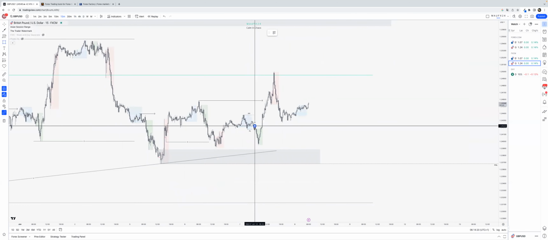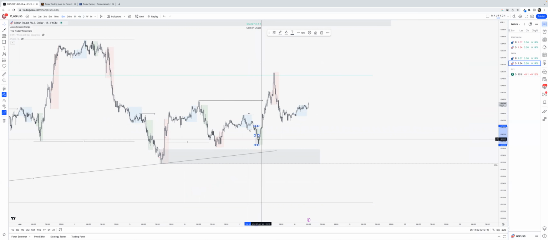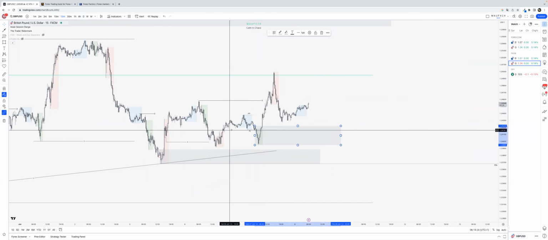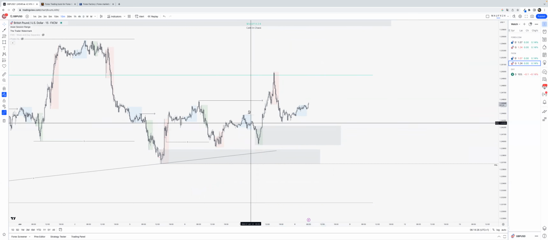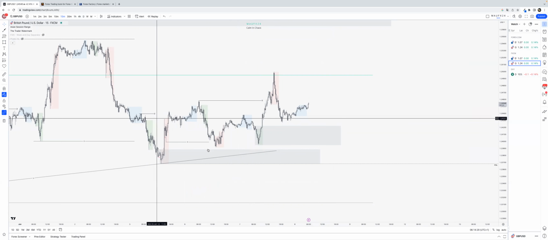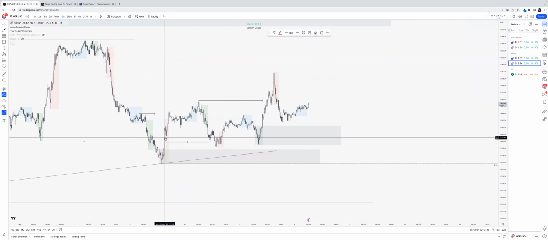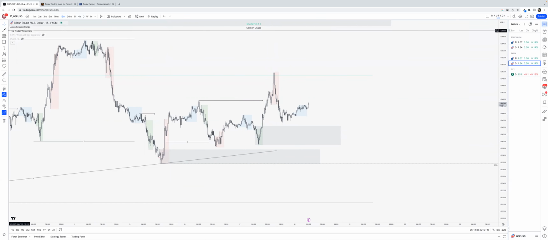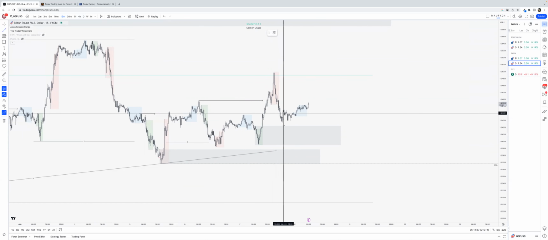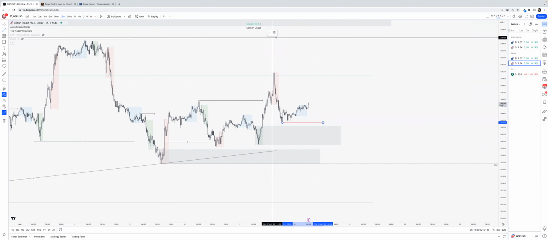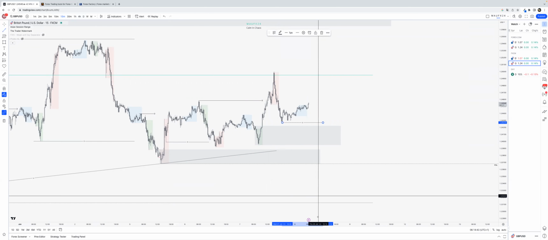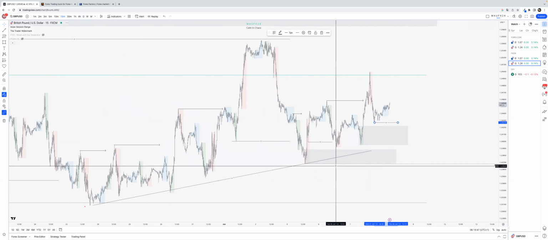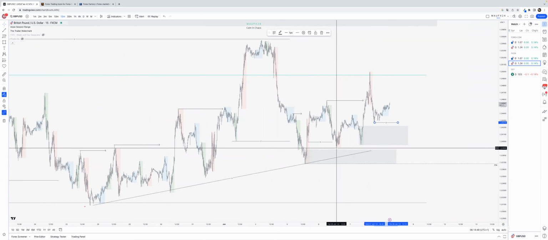I would say this area as well. See how we swept this liquidity here, and then we got that continuation over here. We got liquidity building up. So we now have EU, GU, and DXY kind of lining up, although DXY and GU didn't give a bearish break where EU did.